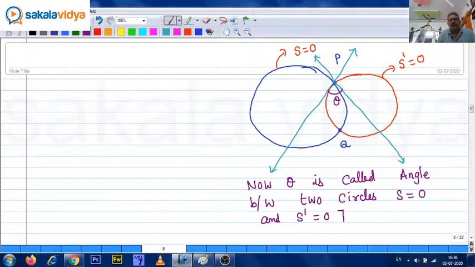Now we talk about the angle between the two circles. How to find out the angle between the two circles. So now, the angle between the two circles.